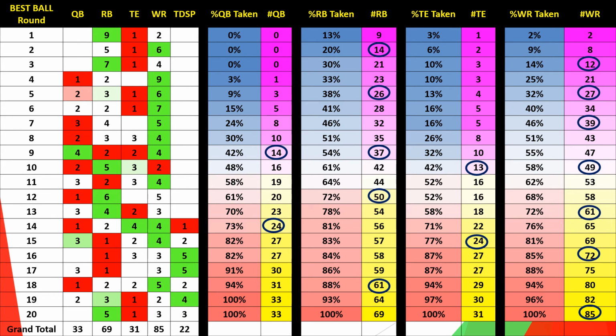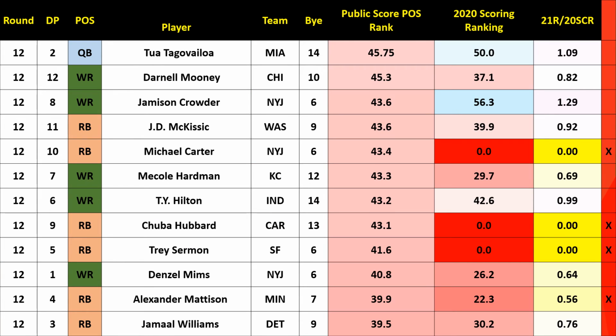Man, we're going crazy over WRs and running backs. So let's see who we're talking here. McKissick is fine. Michael Carter, everybody's squawking. He's going to emerge late. Okay, 12th round, maybe this is where you take him as your 4 or 5. Chuba Hubbard, I don't know. Trey Sermon, I don't know.